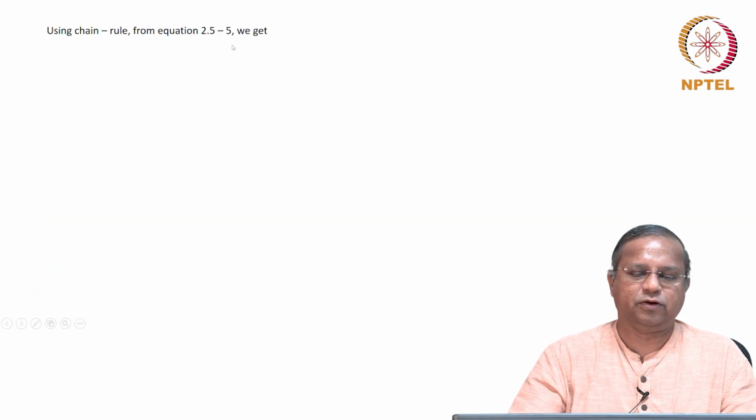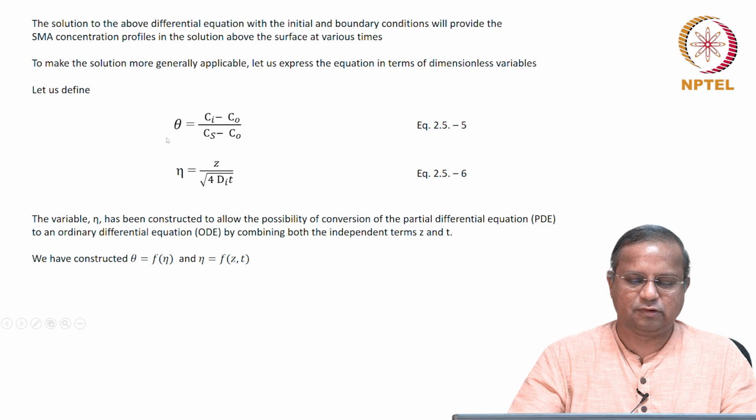Now, using the chain rule from 2.5-5, which is this, theta is Ci minus C naught divided by Cs minus C naught.